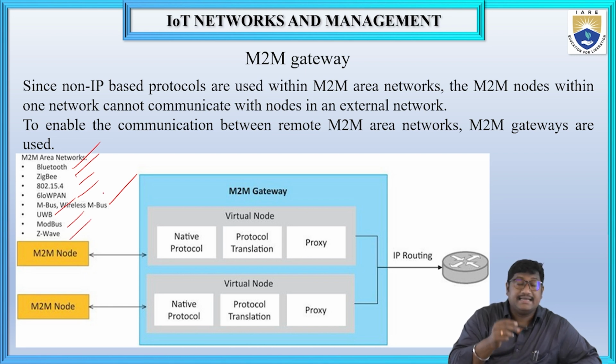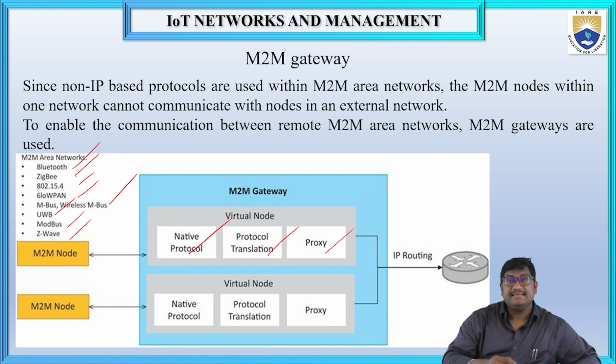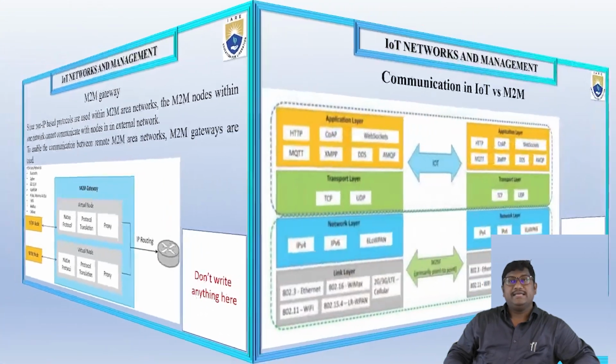All these come under area networks. With this node, I am going to communicate with the gateway, where the gateway is having a virtual node with native protocol, protocol translation, proxy. And these gateways are going to route towards the database. This is how the M2M gateway is going to be utilized.